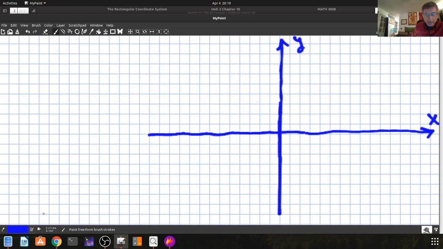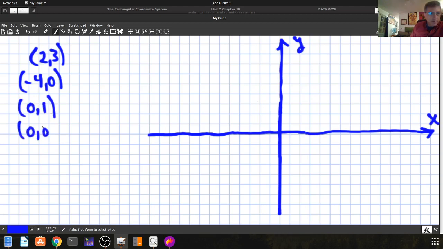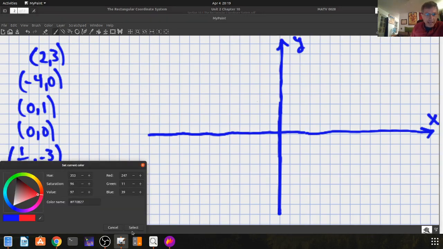So we want to plot 2 and 3, -4 and 0, 0 and 1, 0 and 0, and 1/2 and -3. So not only are we going to plot them, we have to state where they lie, in which quadrant they lie, or if they lie on one of the axes.